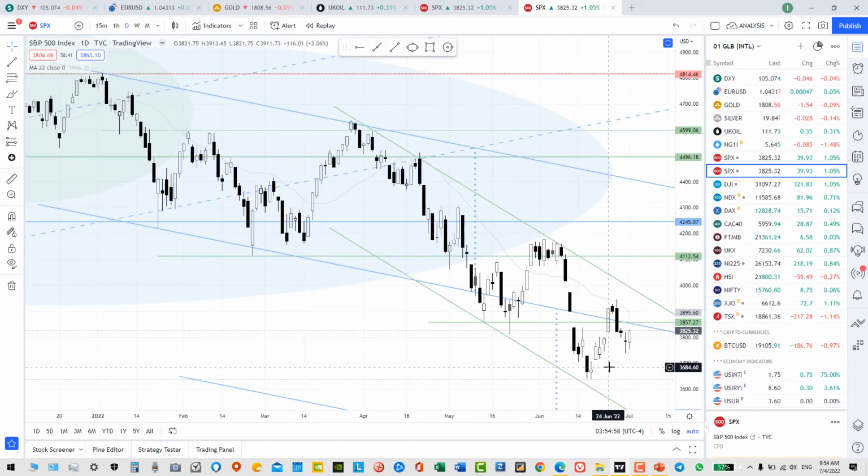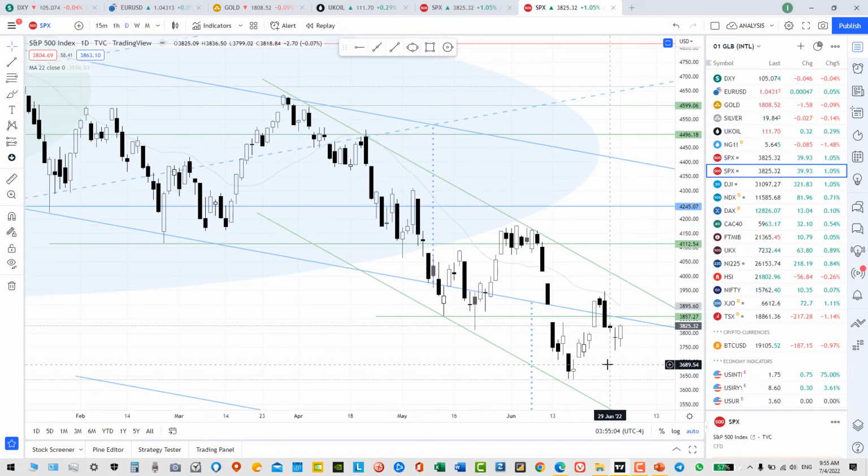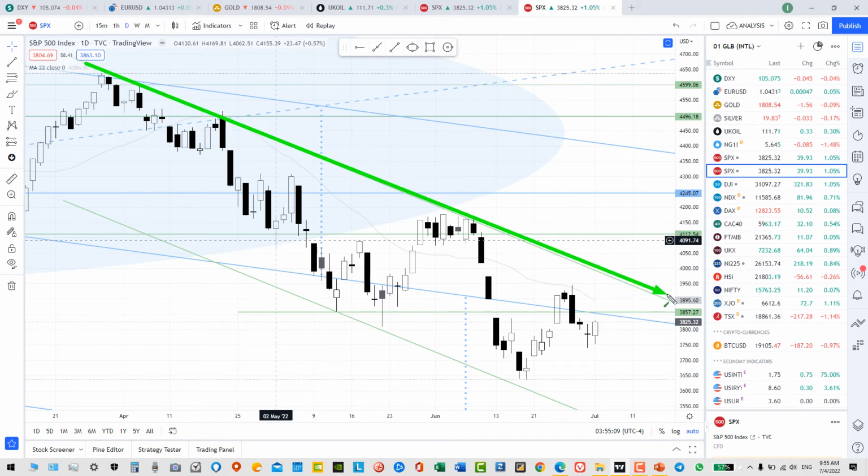So there are no signs for now that the S&P 500 is going to reverse its major-term downtrend or its short-term downtrend, and the environment is bearish as long as the index is within this falling channel over the daily chart.